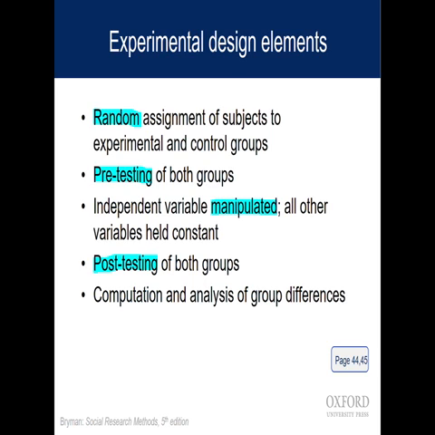Now it talks about pre-testing and post-testing. And all that means is, just like we talked about measurement before, you have to measure carefully and validly whatever it is that you're studying. So let's say all of them have COVID symptoms.